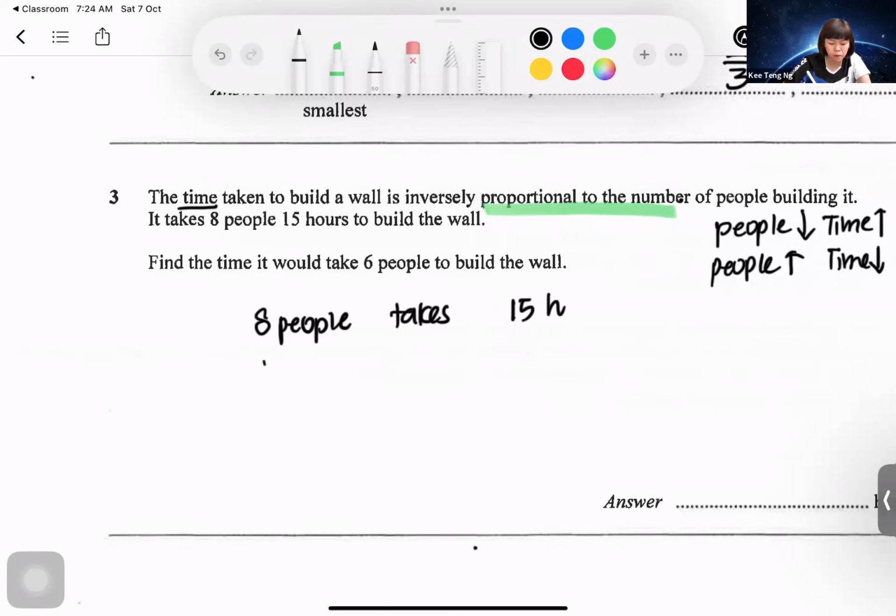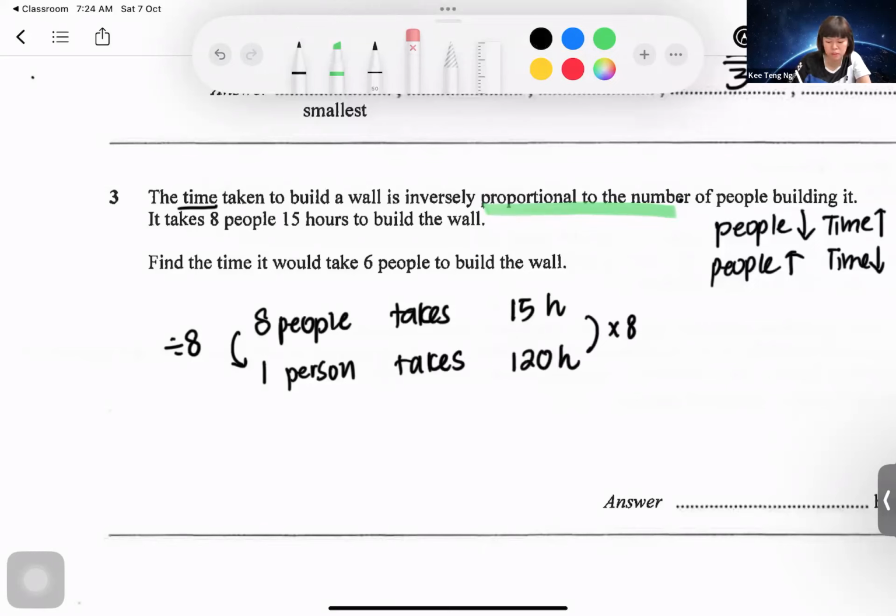If I only have one person, the number of people decreases, which means I need a longer time to finish the work. So in this case, I will need to multiply by 8, and that will be 120 hours.